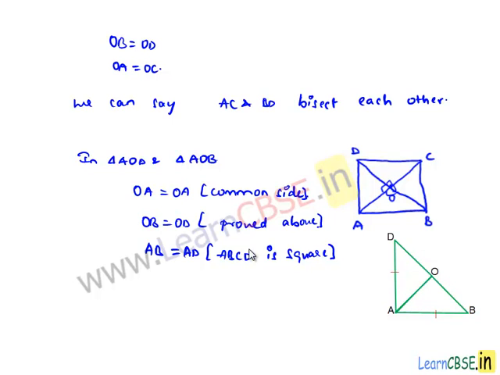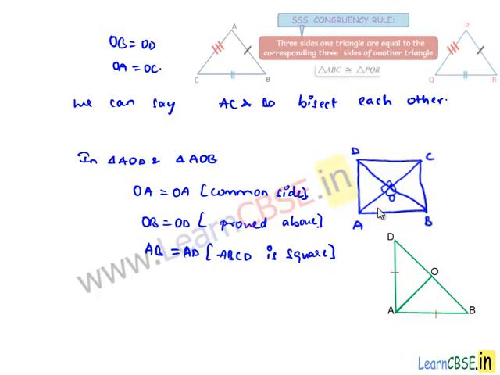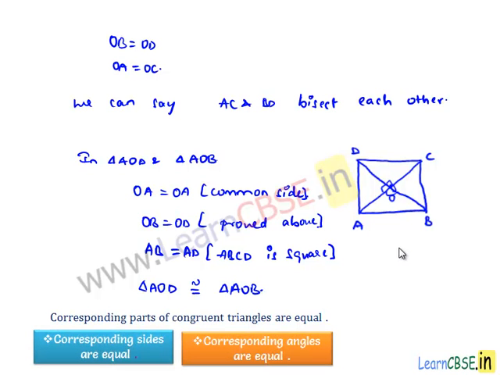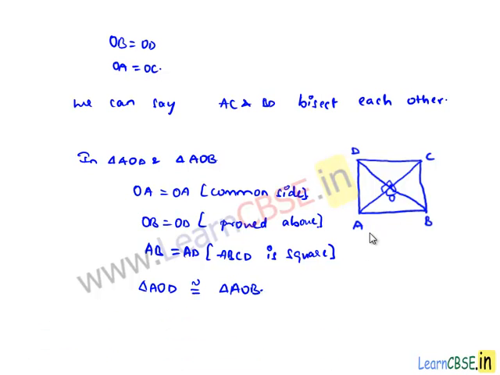So here three corresponding sides of two triangles, that is AOD and AOB, are equal. So we can say that triangle AOD is congruent to triangle AOB. We know that when two triangles are congruent, then their corresponding angles and corresponding sides will be equal. So here we can equate the corresponding angles. Angle AOB is equal to angle AOD.